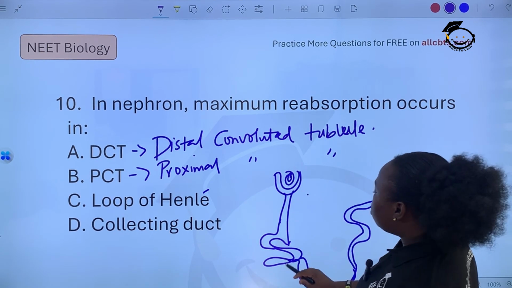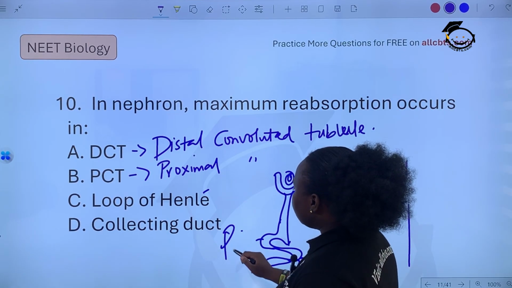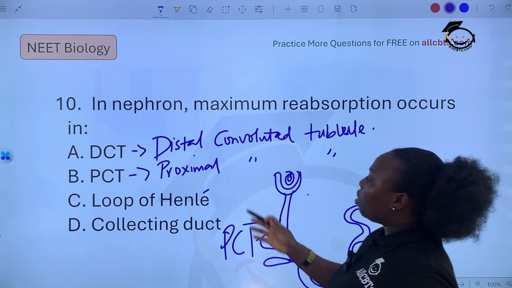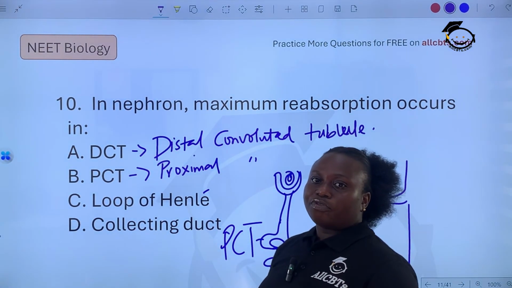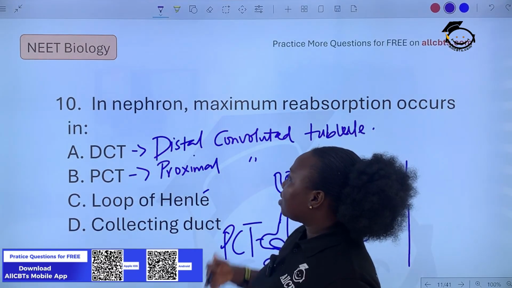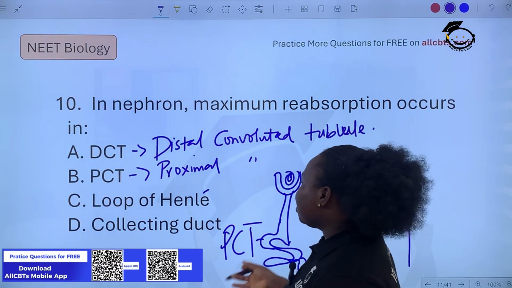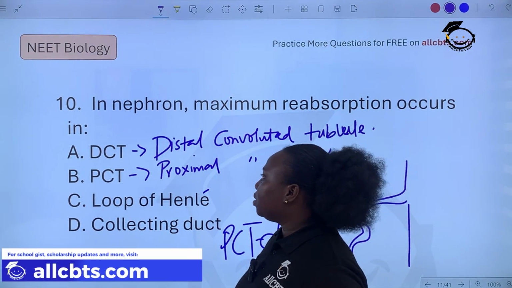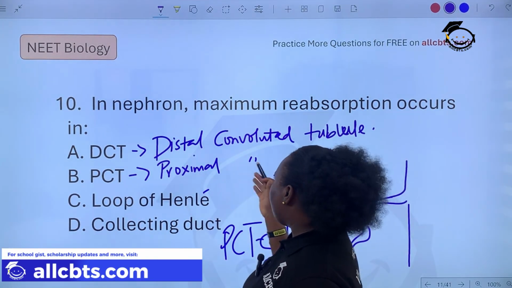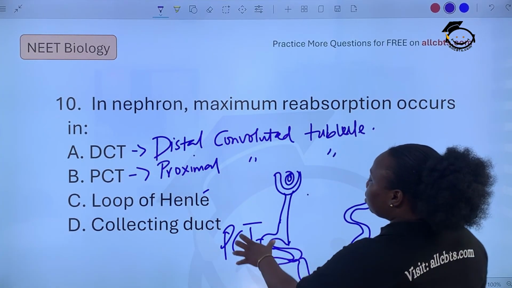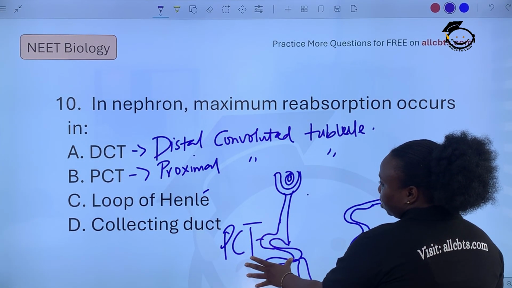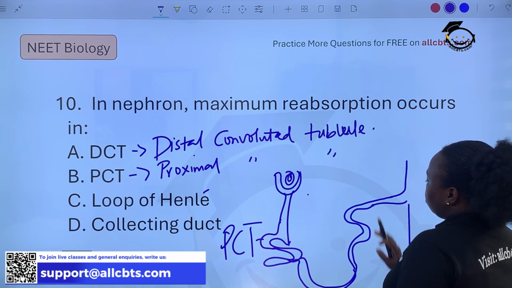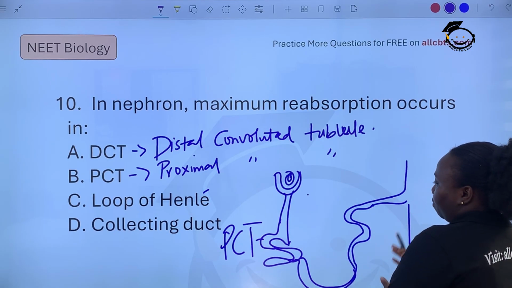Then it will now flow into the PCT, the proximal convoluted tubule. And the difference between them is just English. Proximal means when something is first, while distal means that it is at the back. So in case you are confused, just know that proximal means first, distal means last. So when I'm saying proximal convoluted tubule, that means that's the first coily part that you see, while the distal is the second and last coily tubule that you actually see in your nephron.